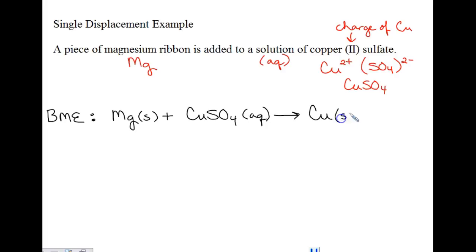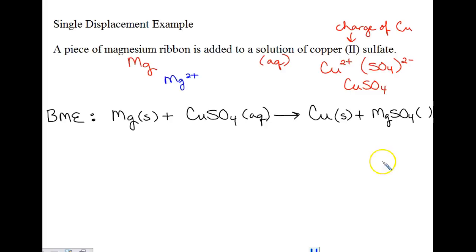So copper lives in the solid state in its elemental form. And then since magnesium is in group 2, when it forms an ion, it takes the positive 2 charge. So the sulfate's already in solution, so they combine in a 1-to-1 ratio. But we need to check the state of magnesium sulfate.